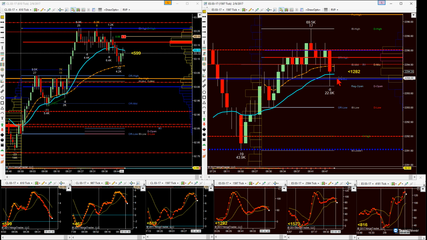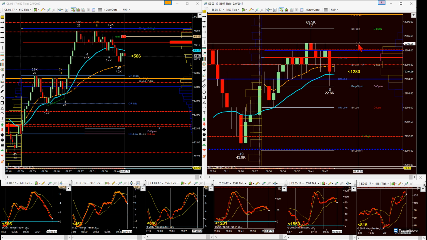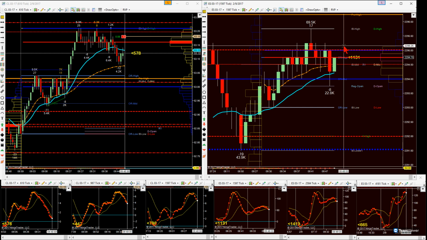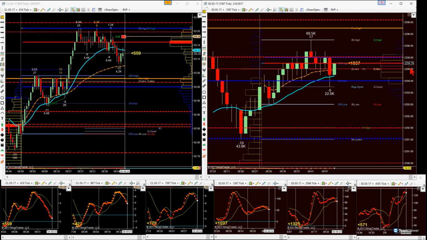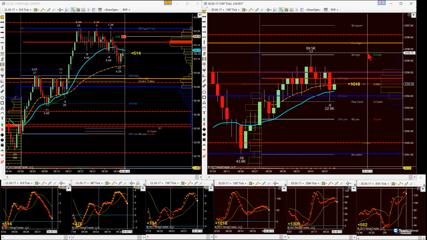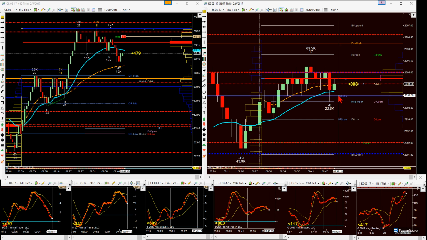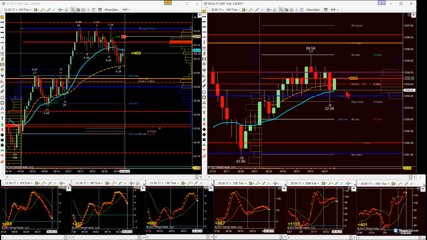Looks like we might be setting up for divergence. I'm really not that excited about trying to go short. Just the fact that we're so close to that all-time high really bothers me. We have a level up here, so I don't think I'd be looking to go short in this region. But maybe if we pushed up and set up, I'd be willing to use this level potentially as a short. But right now, the long is what I'm looking for.